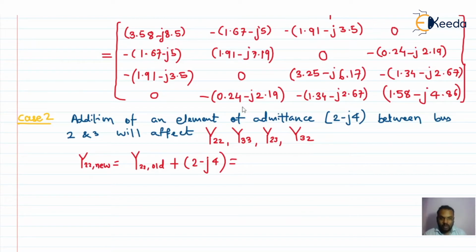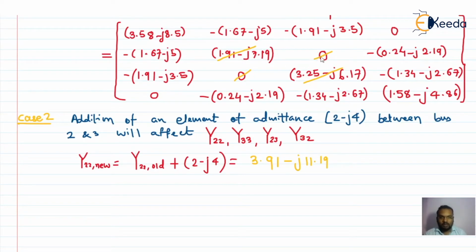If you do that, you'll get this term as 3.91 minus j11.19. This is the term which is going to be modified. Again, this term will get modified, and these two terms will get modified.